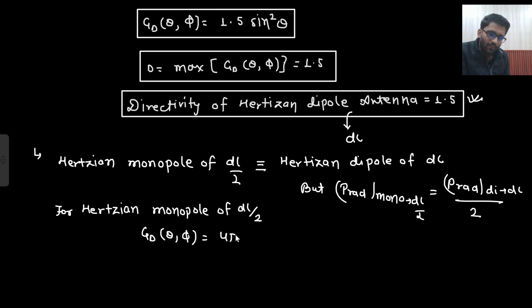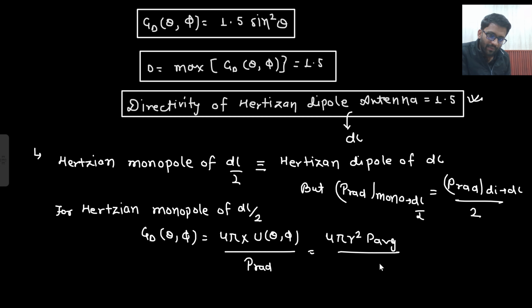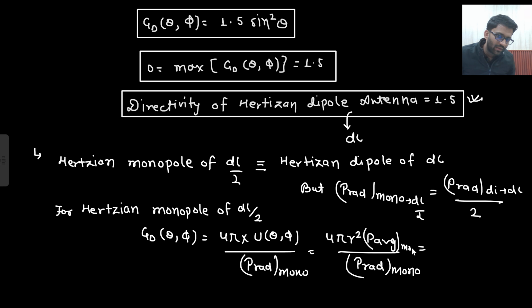Sir, that would be 4 pi into U theta comma phi divided by P radiated. And what can be U theta comma phi? 4 pi into r square into P average, divided by P radiated. P radiated for mono, right? P radiated for mono. Now can I write down in this manner? Here also P average for mono. Say yes or no? P average is also there for mono only.